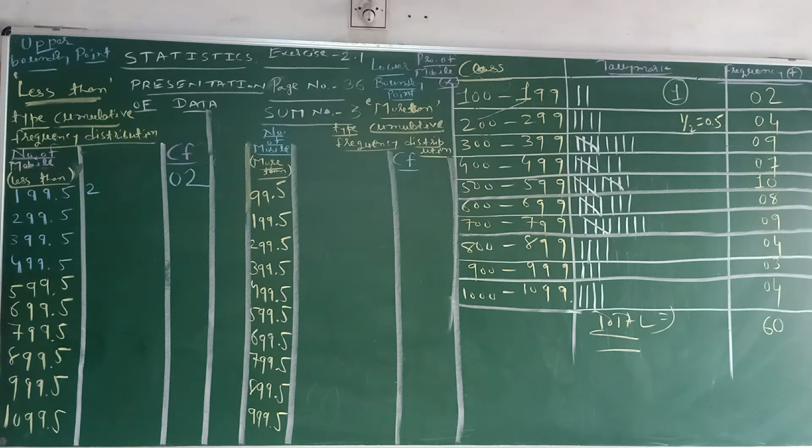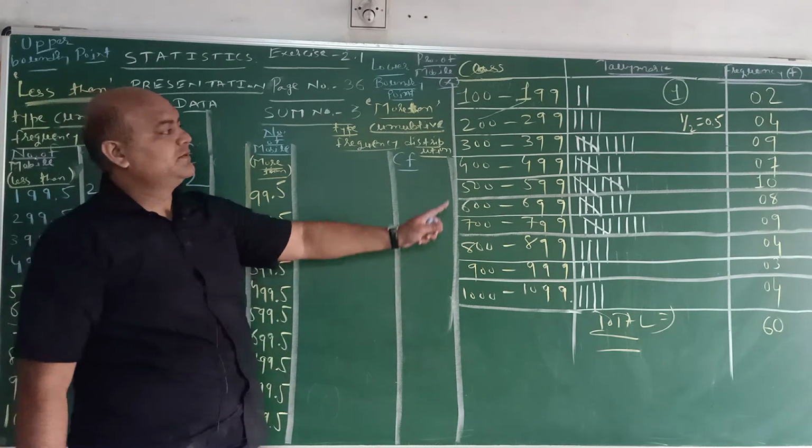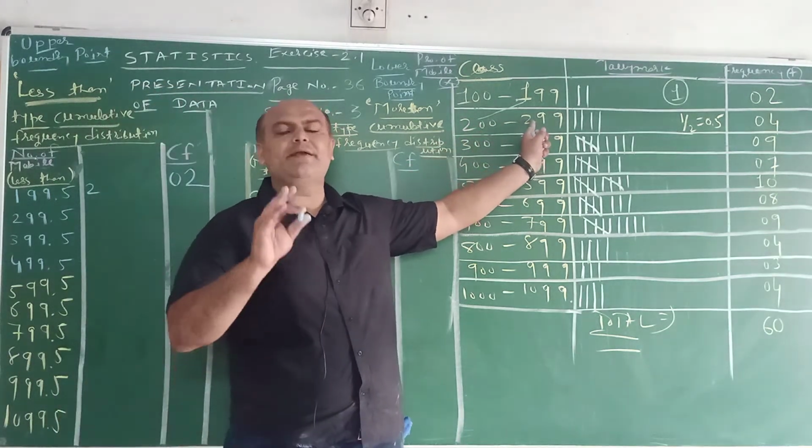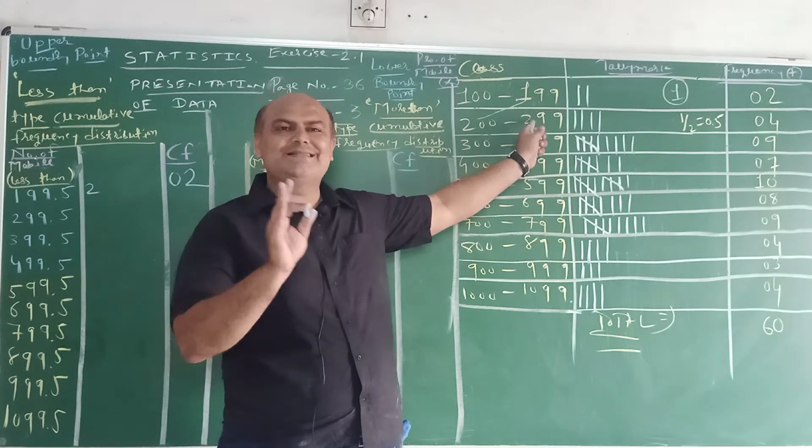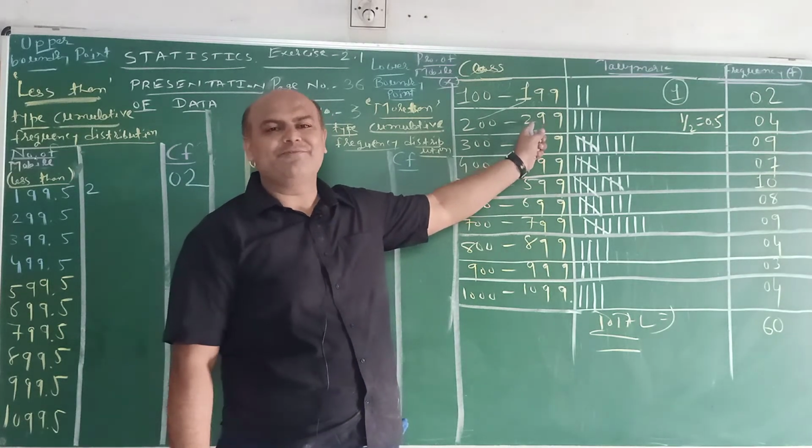The second is 299.5. So we have to speak like this: 299.5 or less than 299.5.